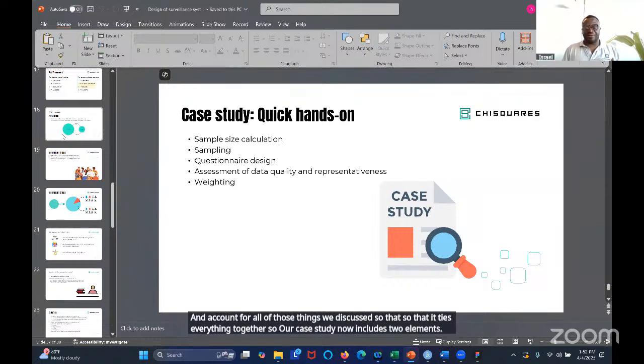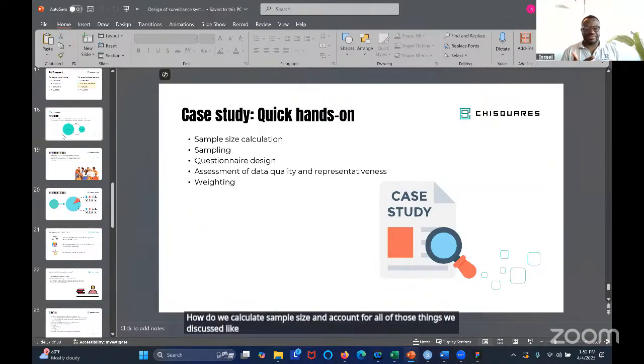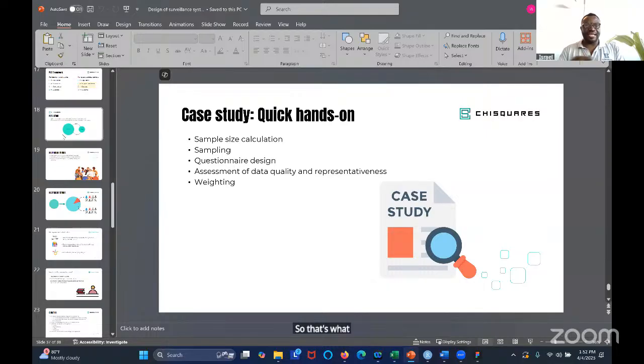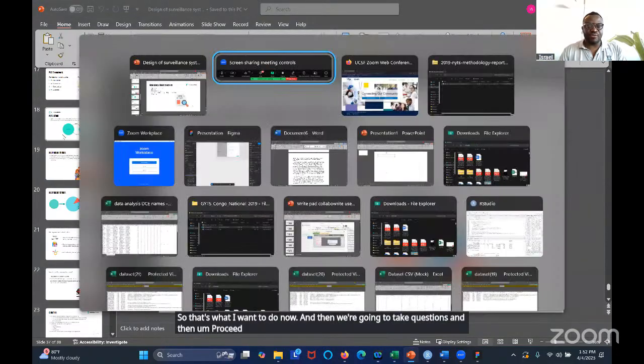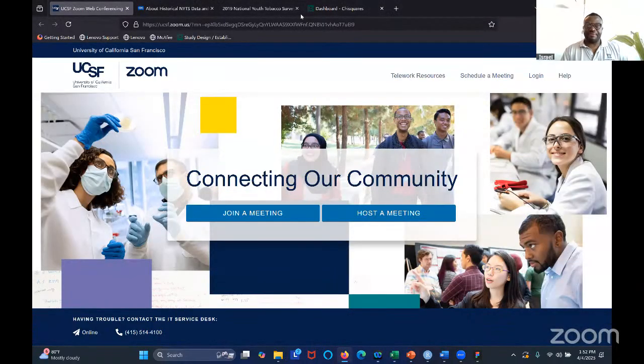Number one, how do we calculate sample size and account for all of those things we discussed, like design effects and strata and clusters? And number two, how do we sample when we're using clusters in a way that is representative? So that's what I want to do now, and then we're going to take questions and proceed from there. So I'm going to go over to the Chisquares platform to do all of those.